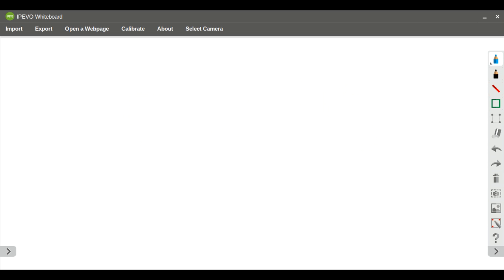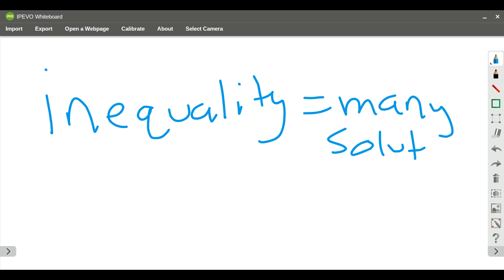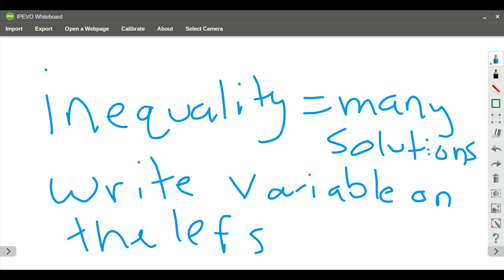One thing to remember is that an inequality has many solutions. And the other thing when you're writing your inequality, write the variable on the left side of the inequality.